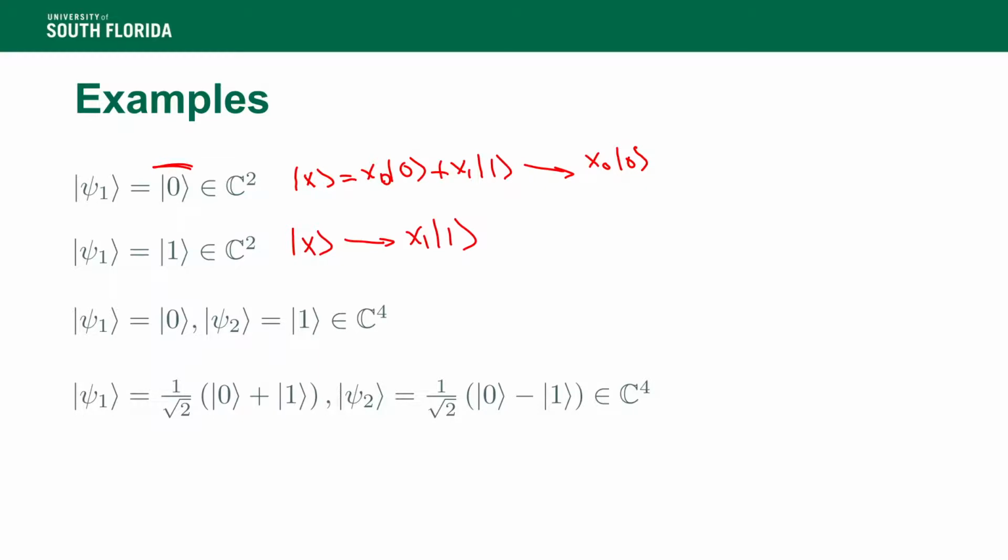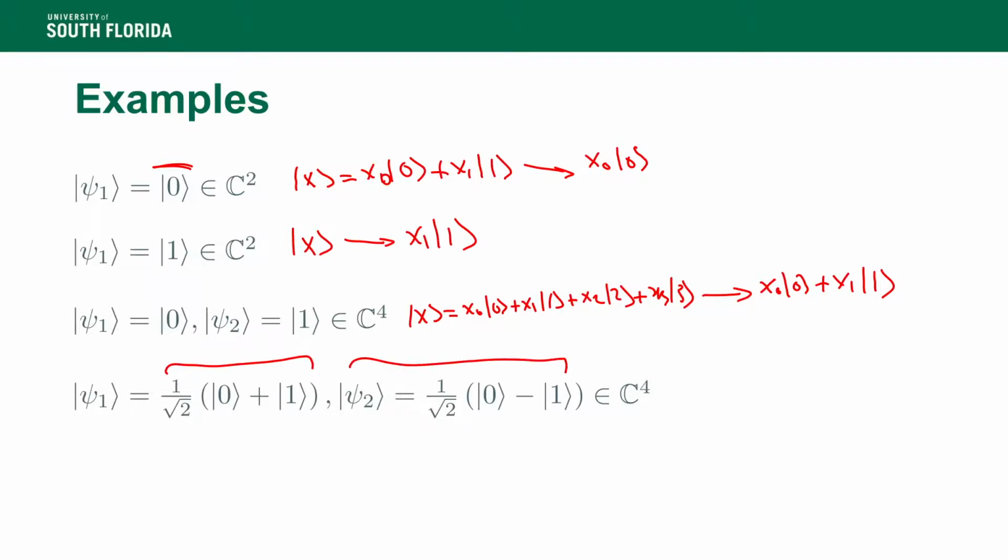Now, if you have vectors in C^4, then what happens is you're going to map x, which is given to you by x0 |0> plus x1 |1> plus x2 |2> plus x3 |3>, to x0 |0> plus x1 |1>. And now, slightly more complicated, let's assume that we have psi 1 and psi 2 given by these vectors here.